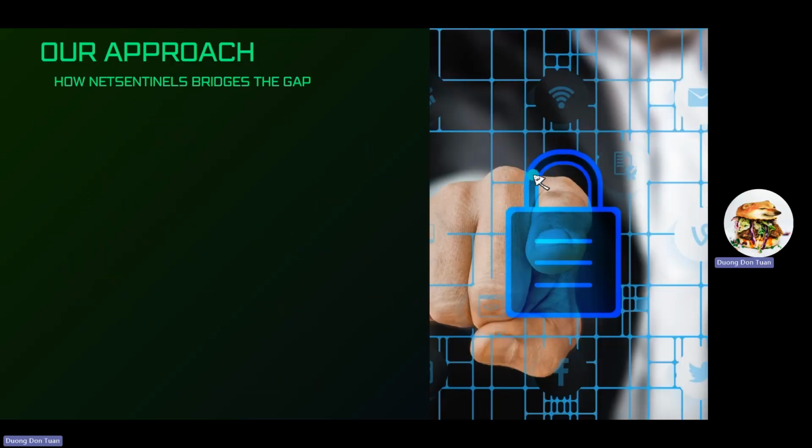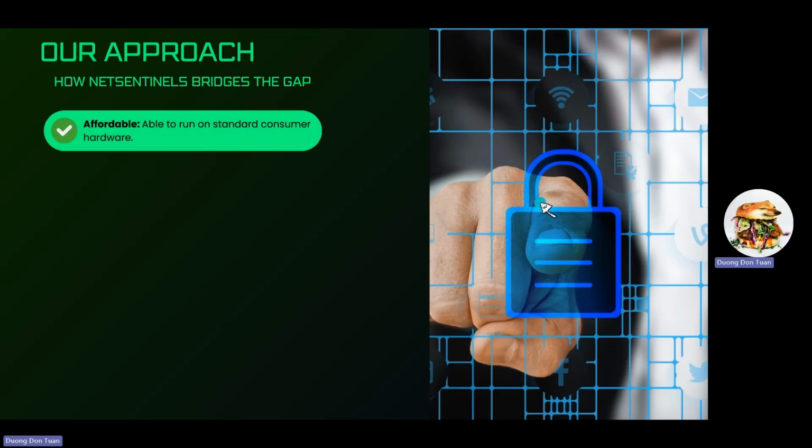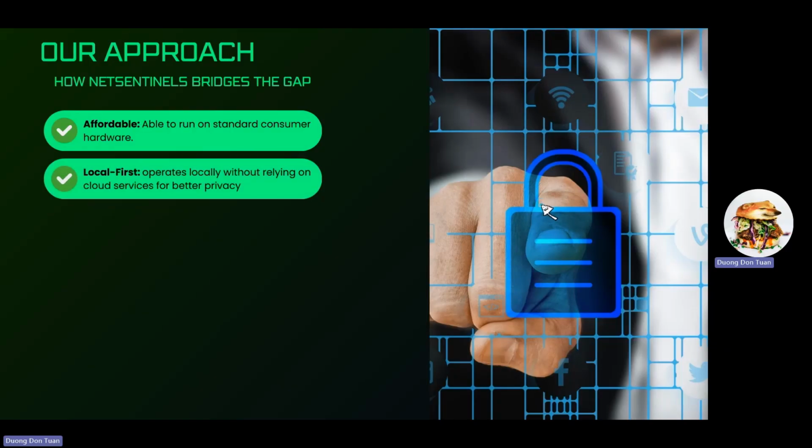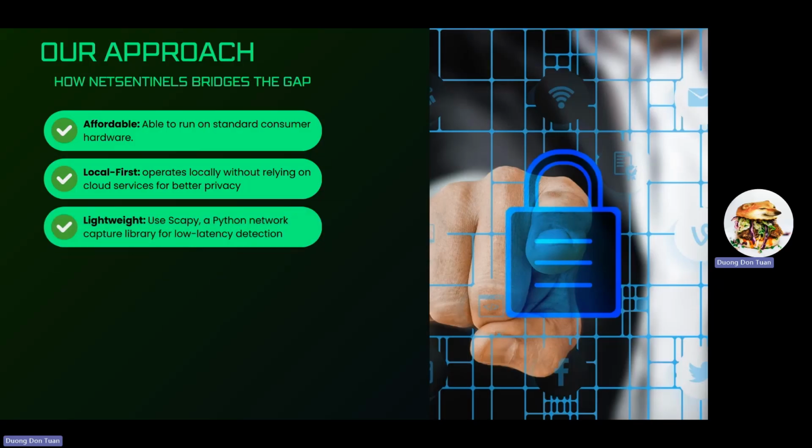And our solution, NetSentinels, aims to bridge that gap and meet the requirements of small-medium businesses. It is affordable since it runs on consumer hardware without expensive licenses. It is local first, so organizations don't have to depend on cloud services and can keep their data private. It is lightweight and automated, using Scapy for real-time packet capture and a random forest pipeline for anomaly detection without manual rule updates.